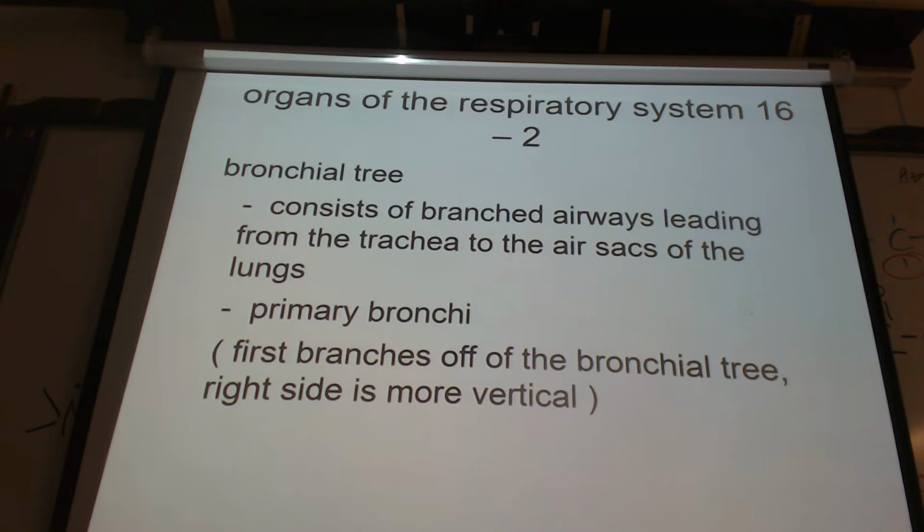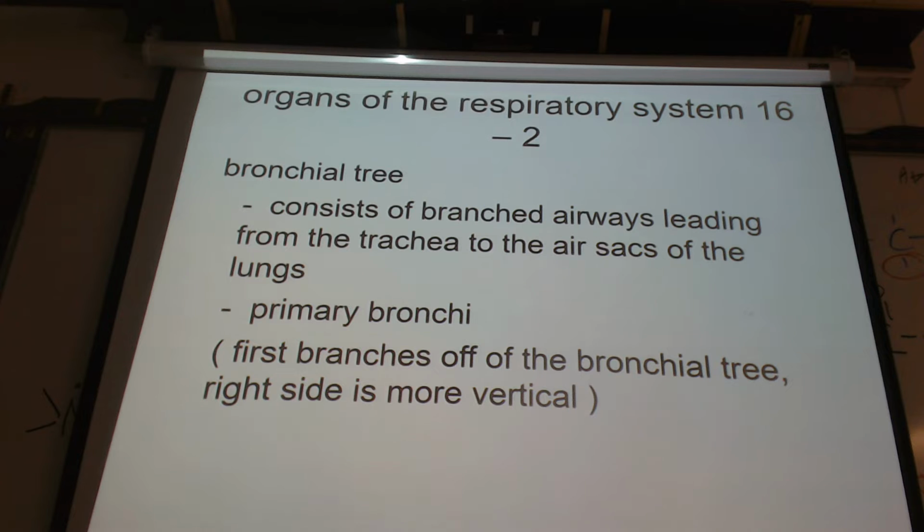You would visualize the trachea as the trunk of the tree, and once it splits off into branches, just like a tree does, we see what we call a bronchial tree. It consists of branch airways leading from the trachea to the air sacs of the lungs.